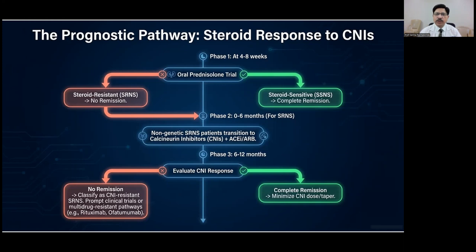Then 3 to 12 months next: evaluate CNI response. If complete remission, minimize CNI, particularly tacrolimus. Suppose CNI has not responded, classify as CNI resistant SRNS, steroid resistant and CNI resistant, double resistant: prompt clinical trials or multi-drug resistant pathways. Rituximab and ofatumumab are the drugs of choice.